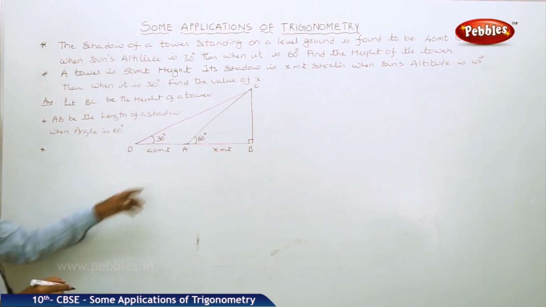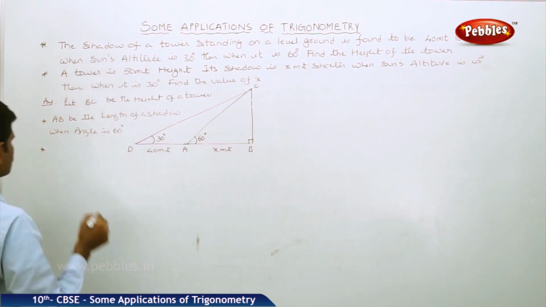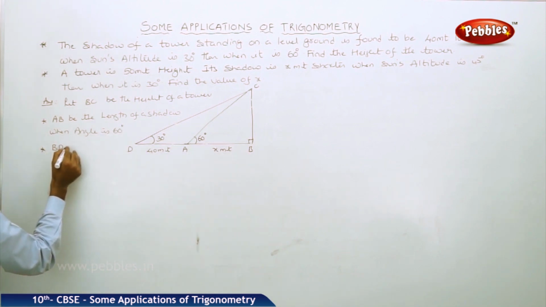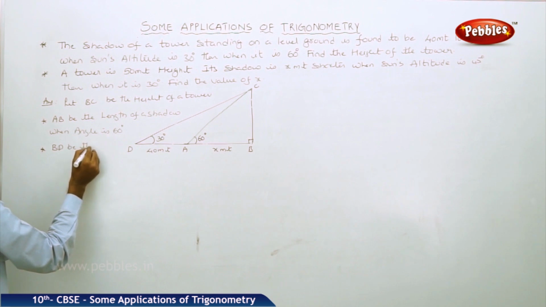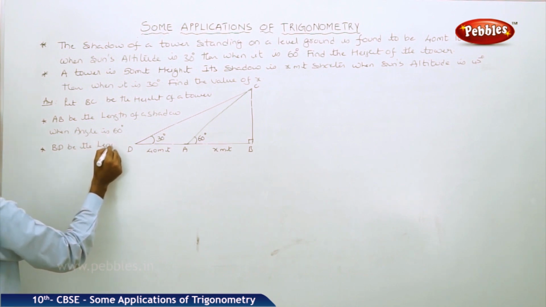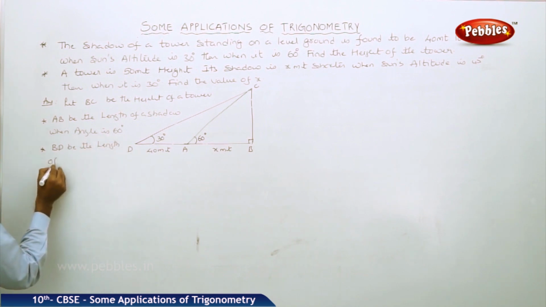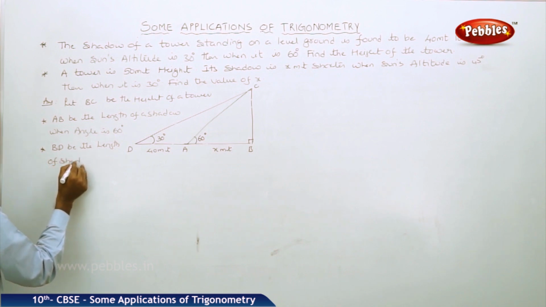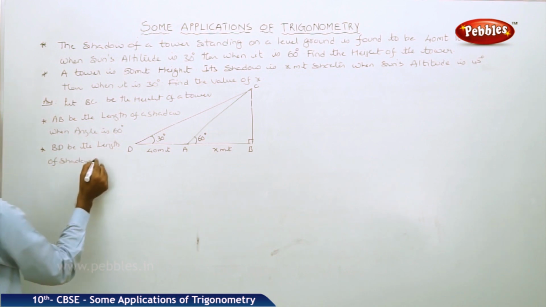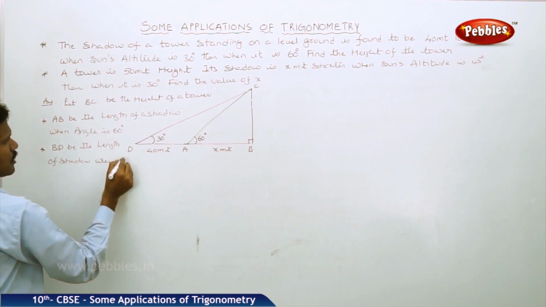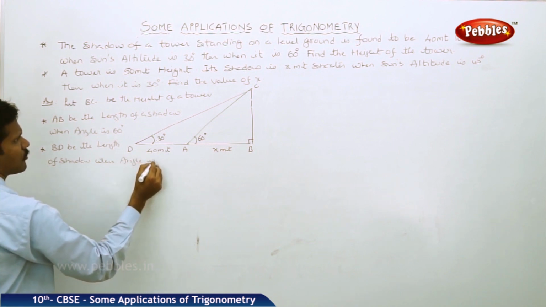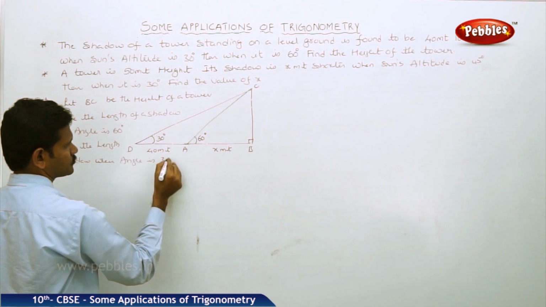Similarly, BD be the length of the shadow when the angle is 30 degrees.